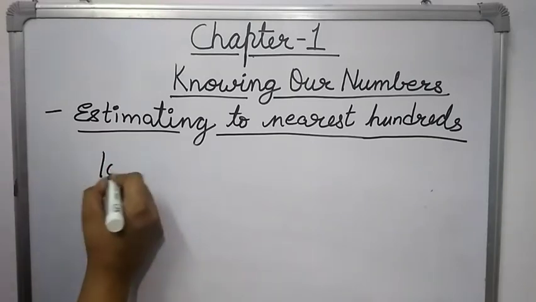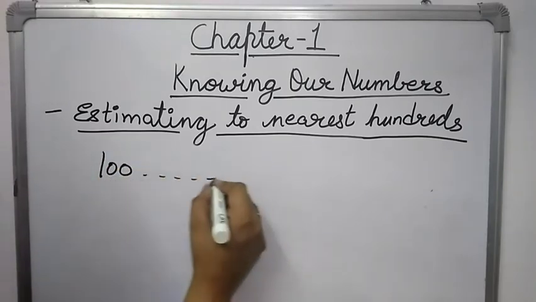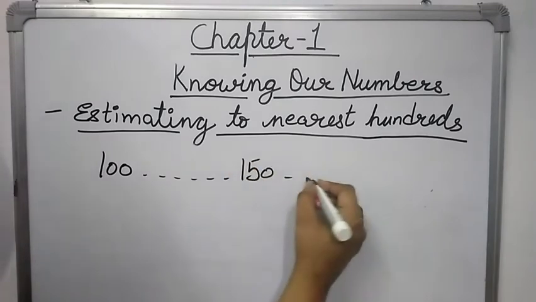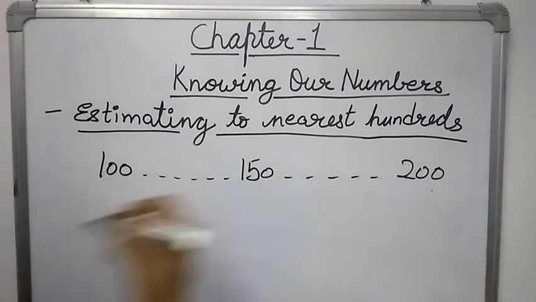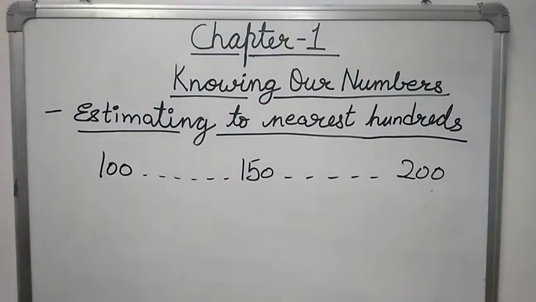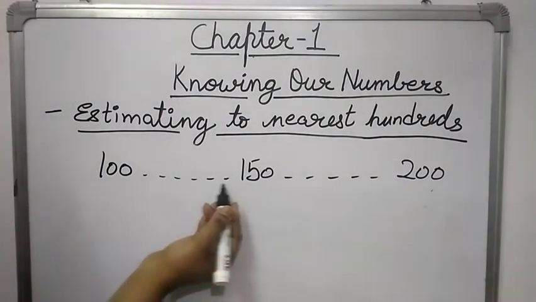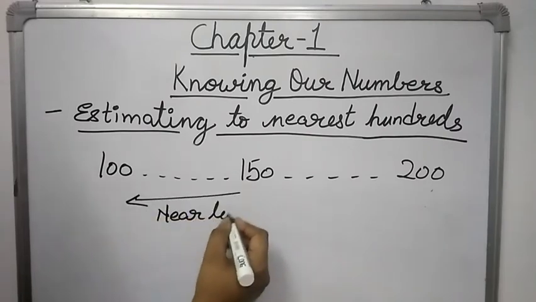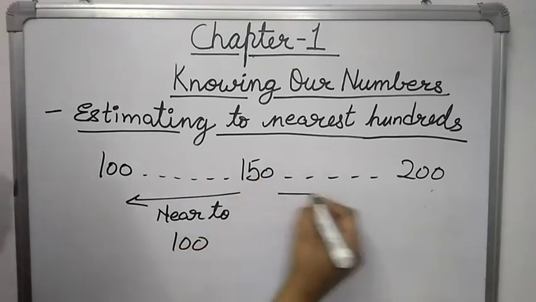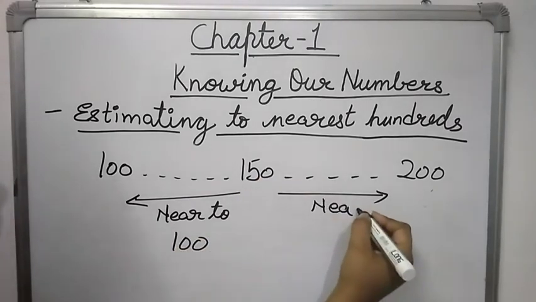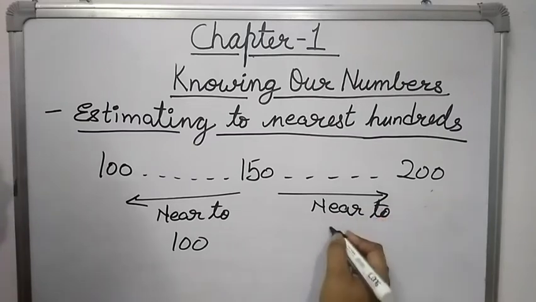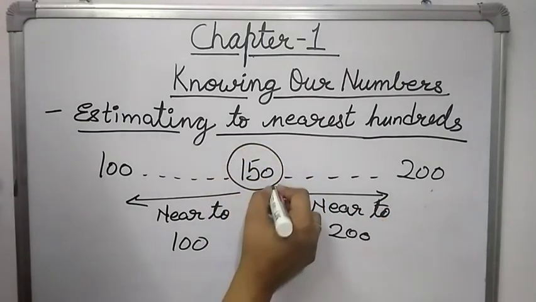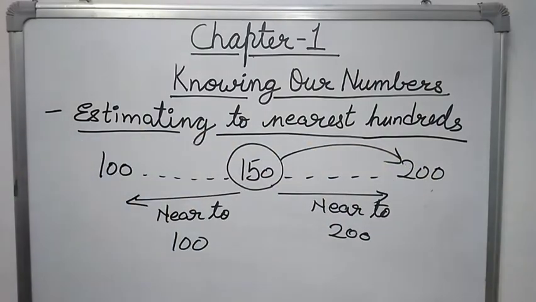As we can see, for numbers between 100 and 200, all the numbers below 150 are near to 100 and numbers greater than 150 are near to 200. So they will be estimated to 200, and this 150 again will be estimated to 200. So this is the estimation to nearest 100.